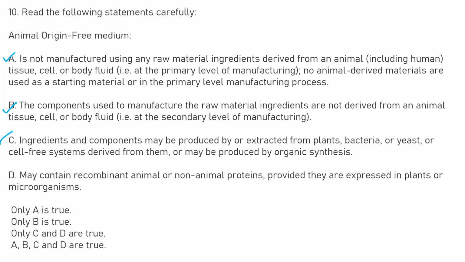So this is also correct. Then last, may contain recombinant animal or non-animal proteins provided they are expressed in plants or microorganisms. So all these options define what an animal origin free medium is. So here the correct answer will be all are correct, right?